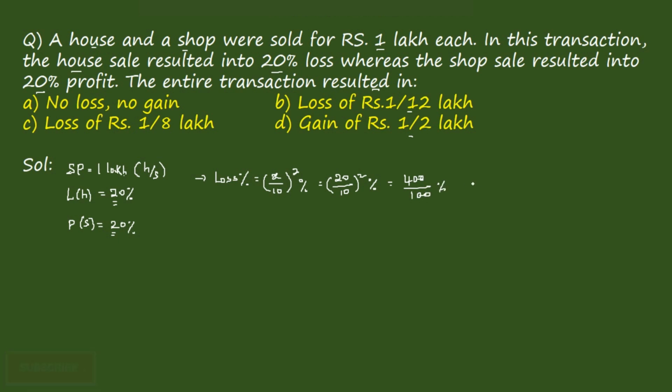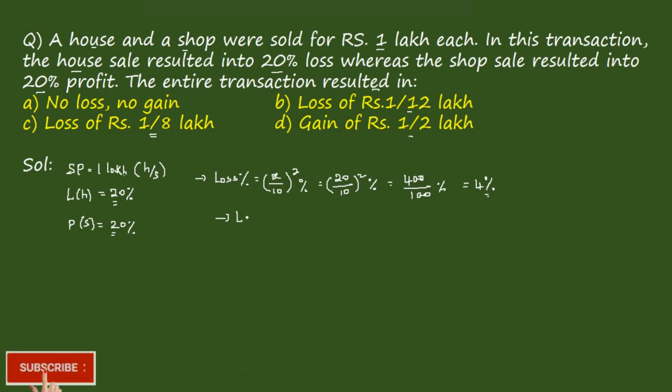The zeros get cancelled, which is equal to 4% of loss. But you have to find how much amount of loss there is, not in terms of a percentage. As we know, loss is equal to cost price minus selling price. First we define the selling price.